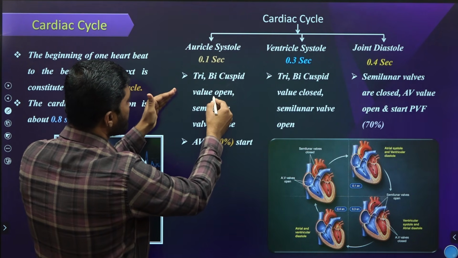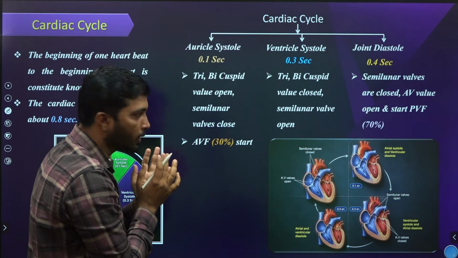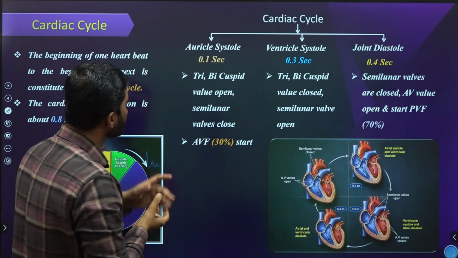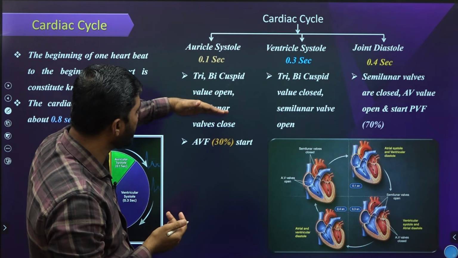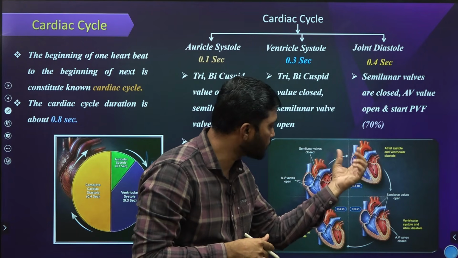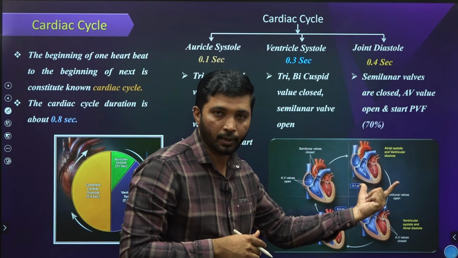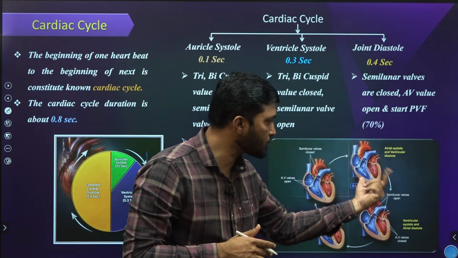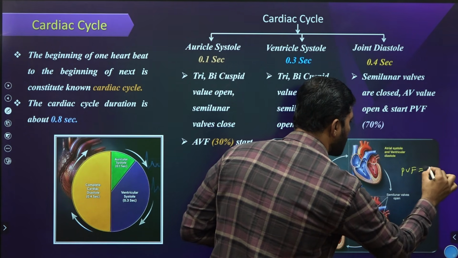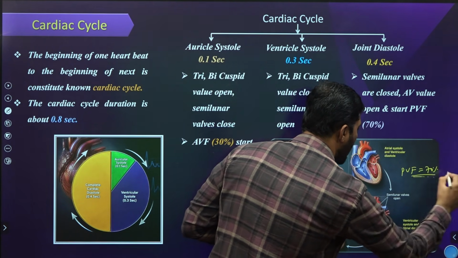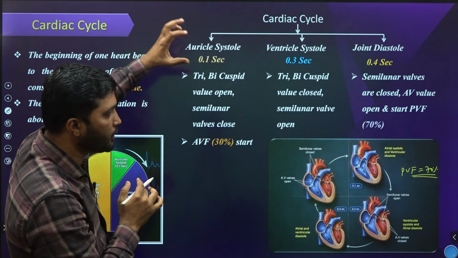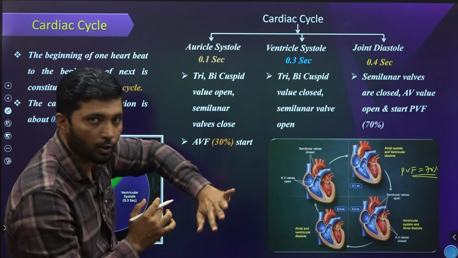The tri and bicuspid valves open, the semilunar valves closed. As a result, passive ventricular filling takes place, so the ventricles are slowly filled with blood from the auricles. The PVF, passive ventricular filling, is equal to 70%. When the passive ventricular filling is complete, the primary node of the heart generates an action potential that spreads to the auricle muscles.